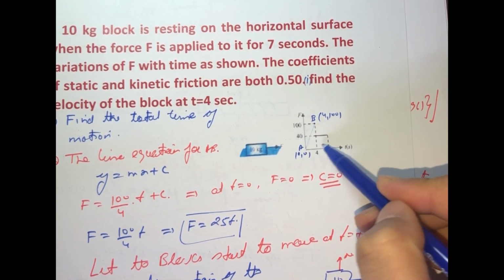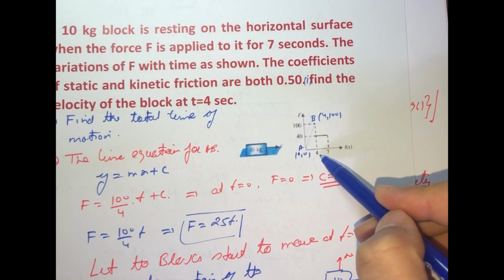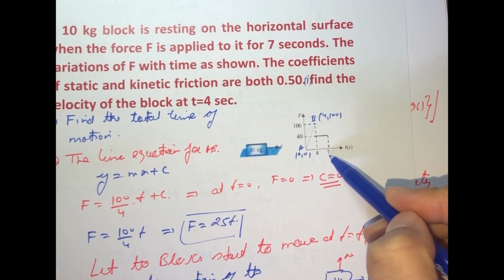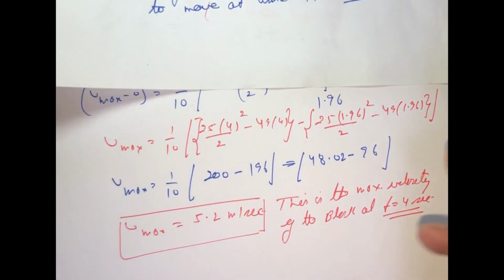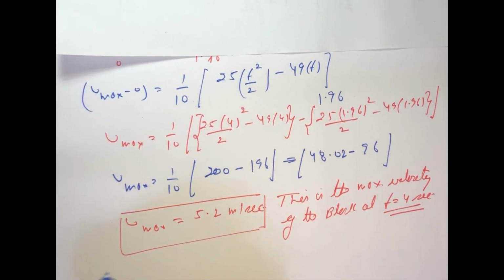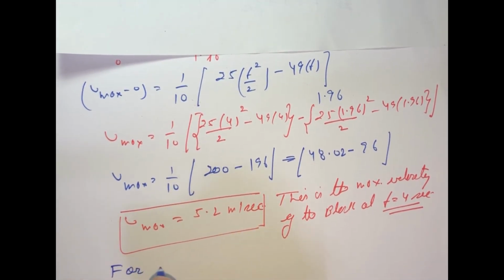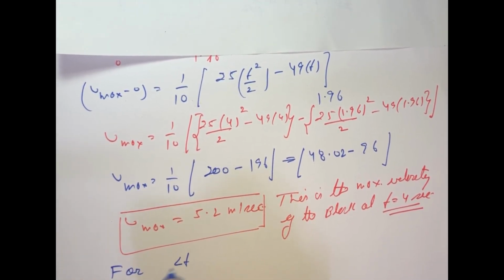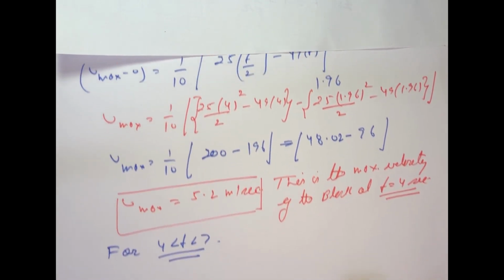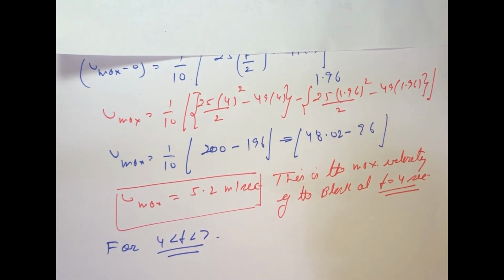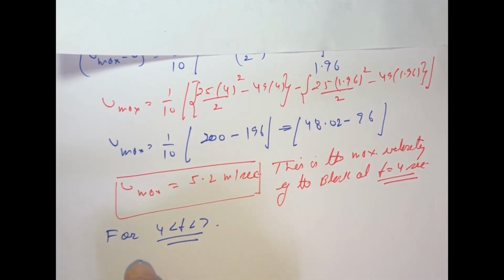Okay, so let us divide for the time which is greater than 4 seconds but less than 7 seconds. You can say for t greater than 4 but less than 7, and obviously it will result in decelerating motion.